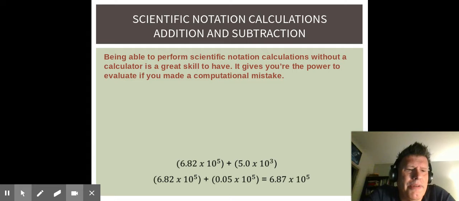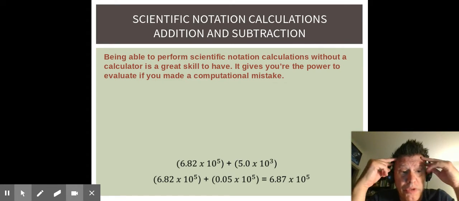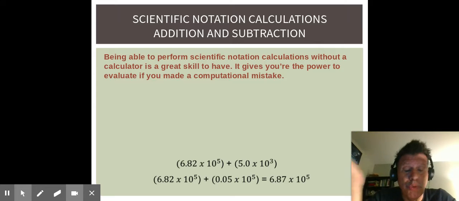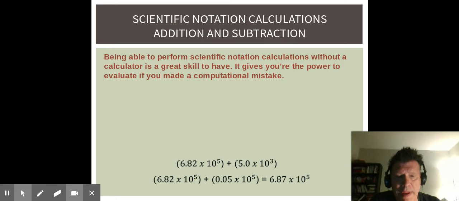Now, here's the fun part: when you add or subtract, you know what to do. What's nice nowadays with technology is that your calculator will do that for you automatically, including all the exponents.